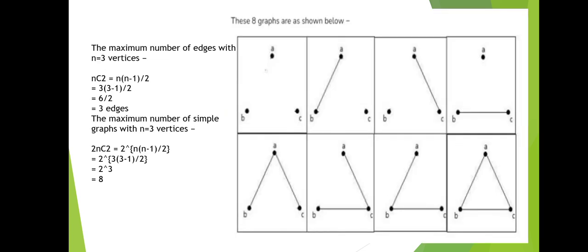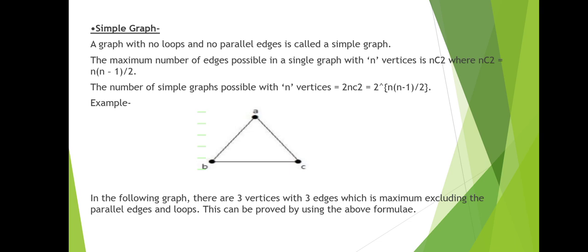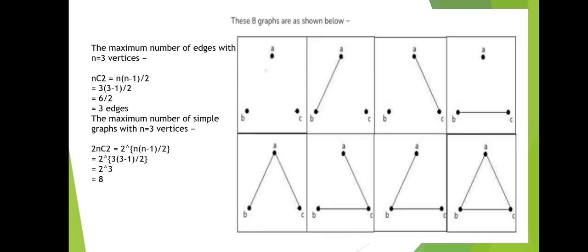By the formula nC2 we get 3 edges. So the maximum number of simple graphs with 3 vertices is 8, which we get from 2^(nC2). Here these 8 graphs are shown below, which are the simple graphs having 3 vertices.